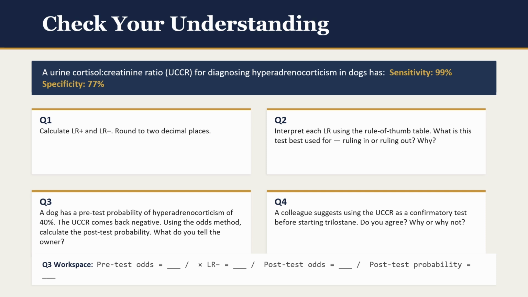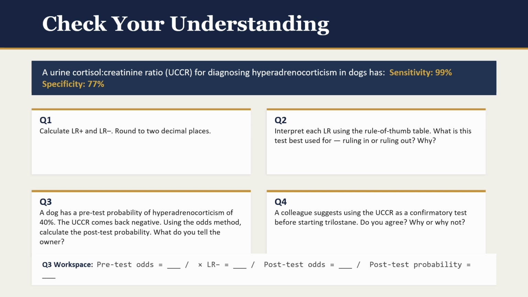Question 4. No, the UCCR is not appropriate as a confirmatory test. With an LR positive of only 4.3 and a specificity of 77%, a positive UCCR leaves substantial room for false positives. Trilostane carries real risks: adrenal necrosis, hypocortisolemia, and should not be initiated based on a test with this level of false positive rate.